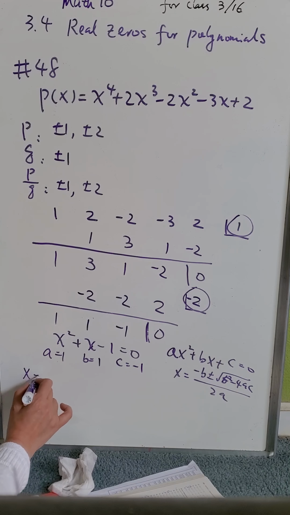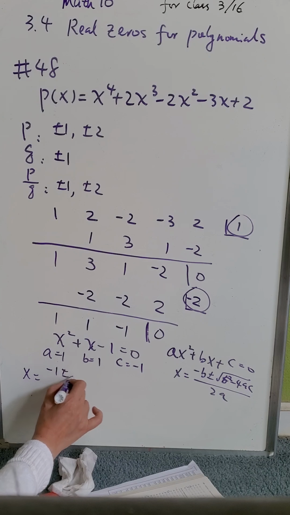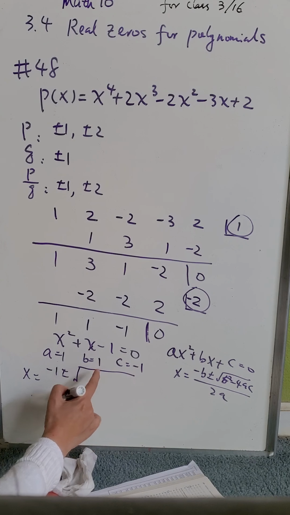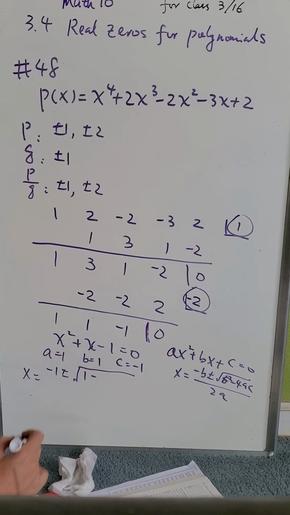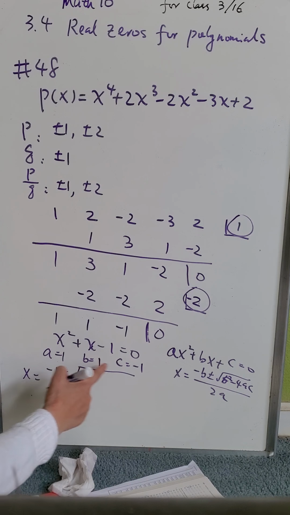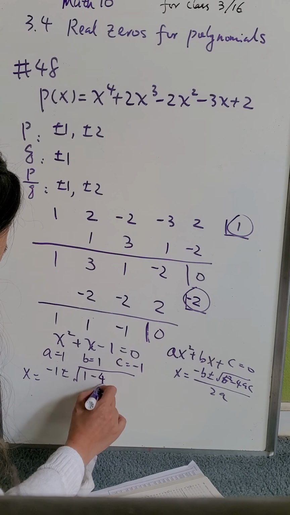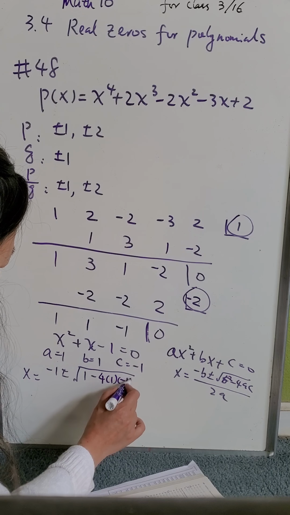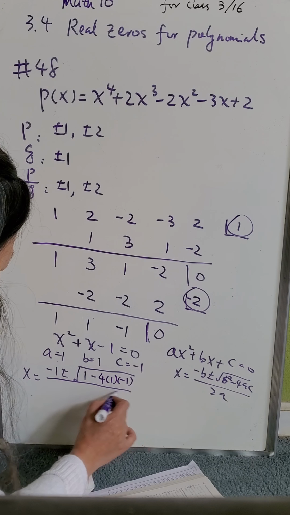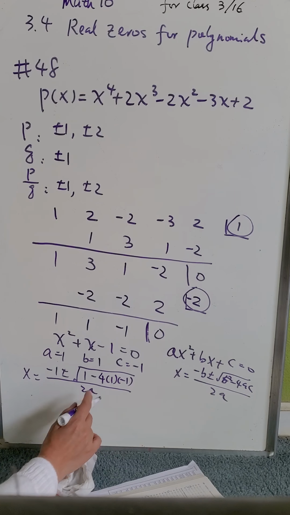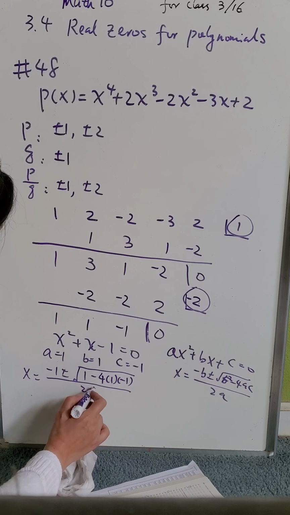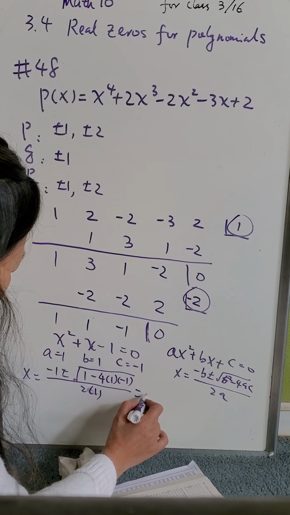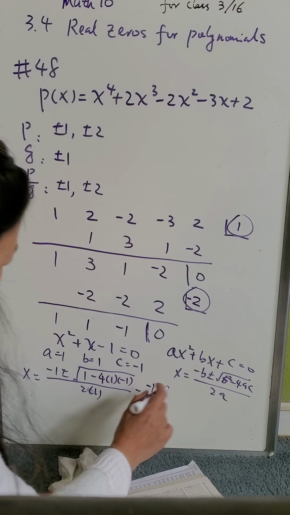And my x equal to minus 1 plus minus square root of 1 squared minus 4ac, so 4 times 1 times negative 1, over 2a, over 2 times 1. And that equals to negative 1 plus minus.